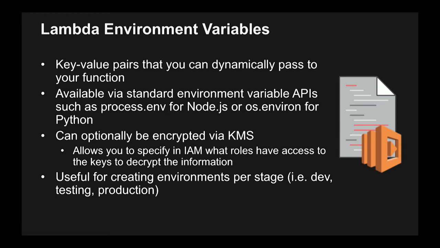Like with Node.js, you can use process.env, os.environ for Python. Same things for Java and for C#. The traditional methods for pulling environment variables in those languages work just the same way. And so, again, really useful for doing things that need to be unique per environment, whether these be pointing at other services or other endpoints, whether this be actual credentials to things like databases. There's a lot of different options that you have here.